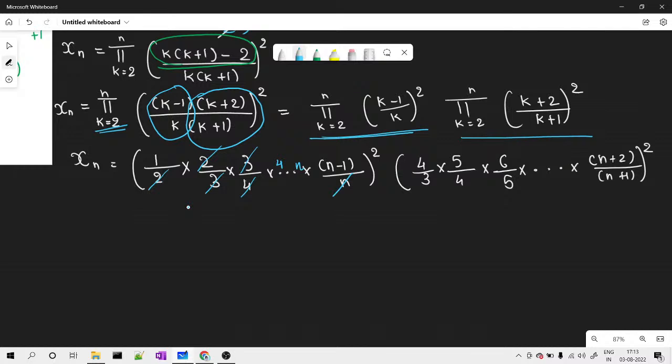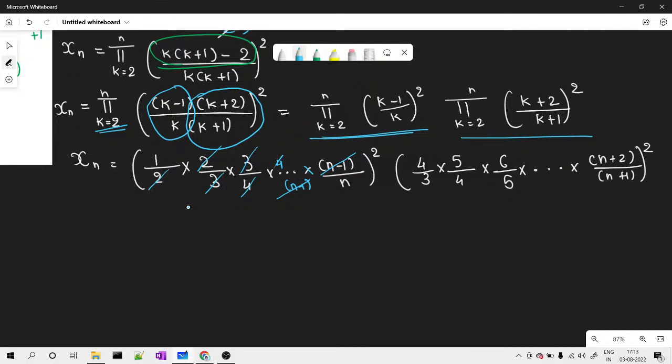What we are observing is that the denominator is getting cancelled with the numerator of the previous term. That means not this n; n will not get cancelled. This n plus 1 will get cancelled with the n plus 1 in the denominator of the previous term.